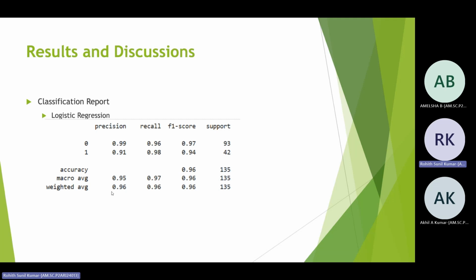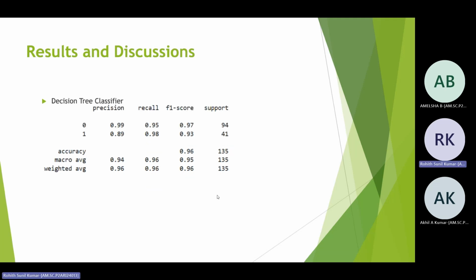The weighted average gives the value of 96% for precision, 96% for recall, 96% for F1 score, and 135 for the support. So the next is the decision tree classifier.